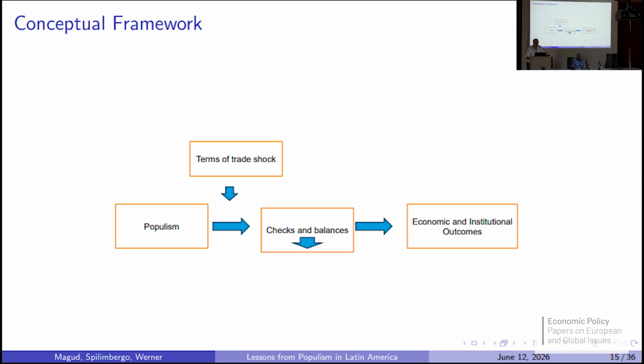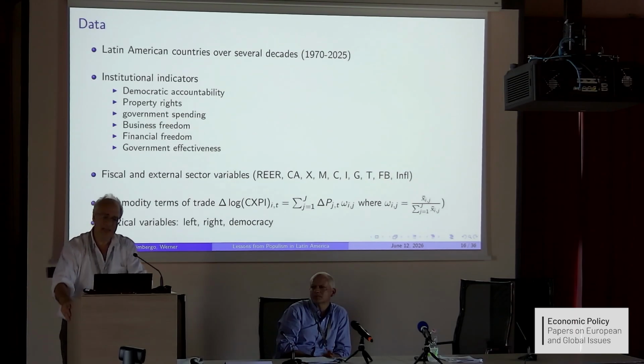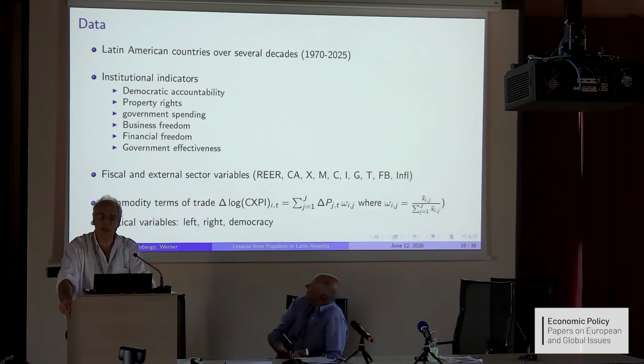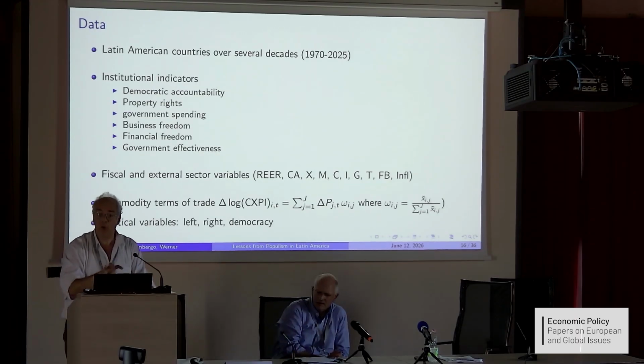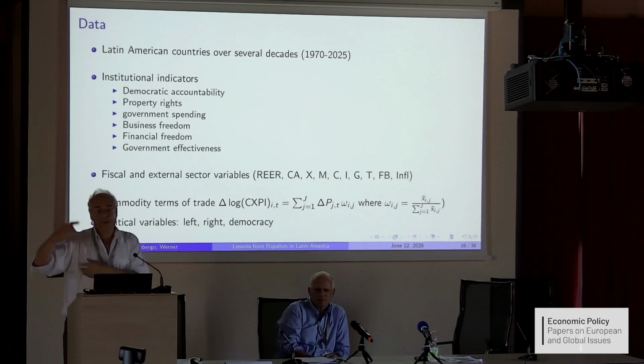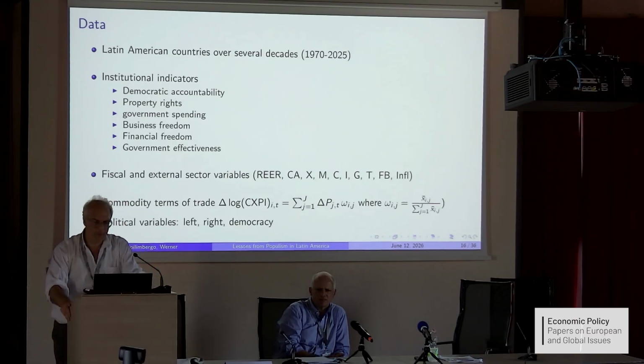Our sample is Latin American countries, for the reason that Alejandro was mentioning. We consider 20, and we can do this mostly for Latin America because the focus of Professor Hawkins is on Latin America, so we cannot put in others. If you put in others, we run into the problem of a tautological definition of populism.